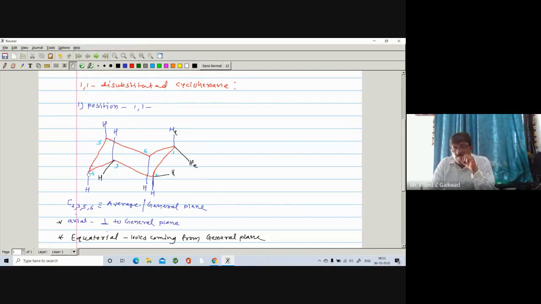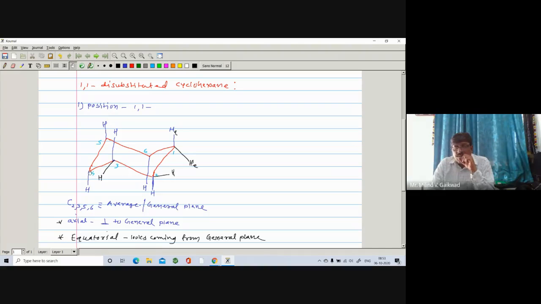The carbon number 4 is here, right? And the adjacent bonds are either C3C4 or C4C5. These are the two adjacent bonds. So you have to draw a line parallel to the next ones, which means either 2 3 or 5 6, because both are parallel.